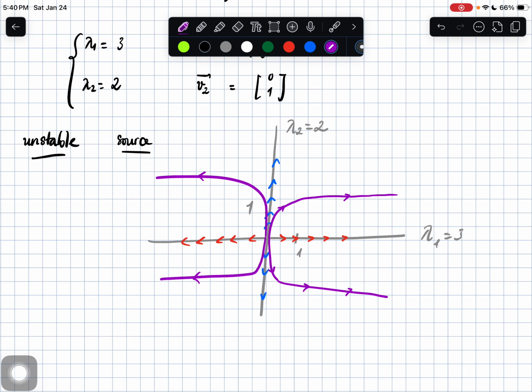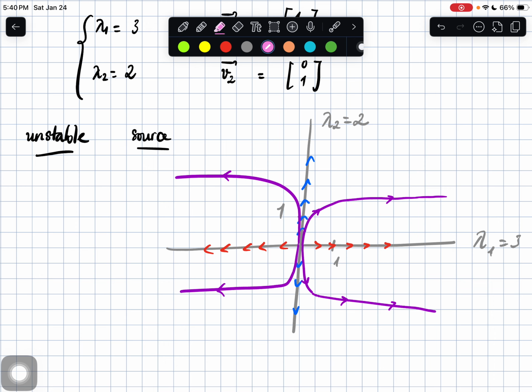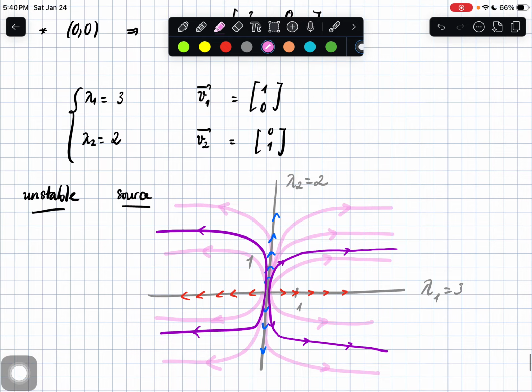So I sketch it like that. So this is the first case.